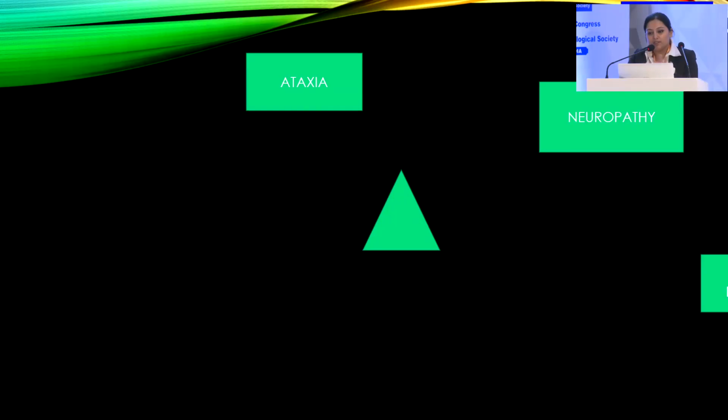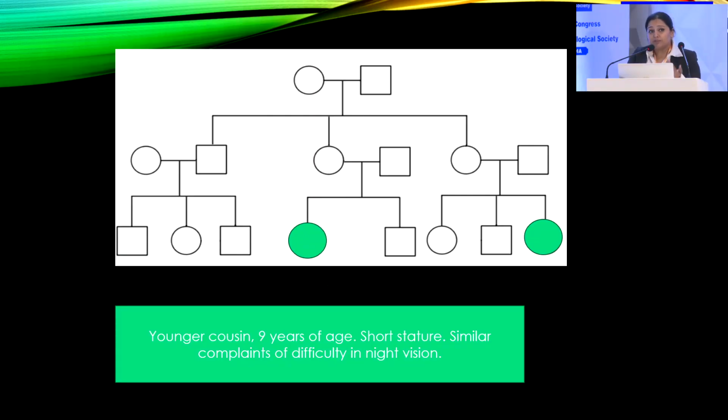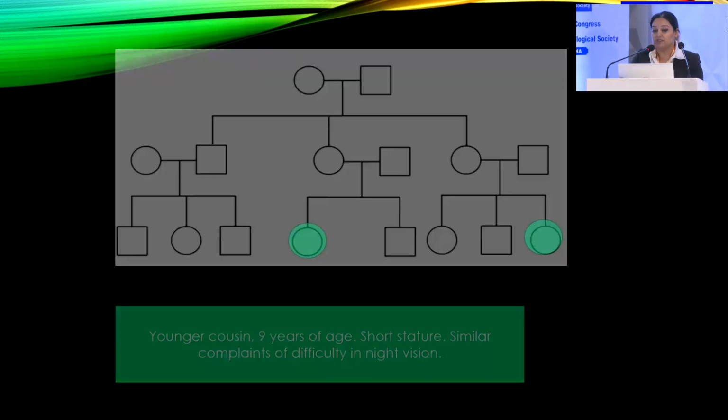We did an ERG for her and found that there were decreased scotopic and photopic responses. We combined all these findings together and thought, okay, this might be a patient of NARP. When we probed her further, we found that her younger maternal cousin also had similar features present. When we did a genetic analysis for them, we found that there was a defective ATP6 gene.